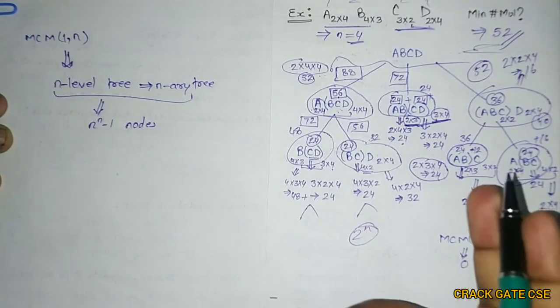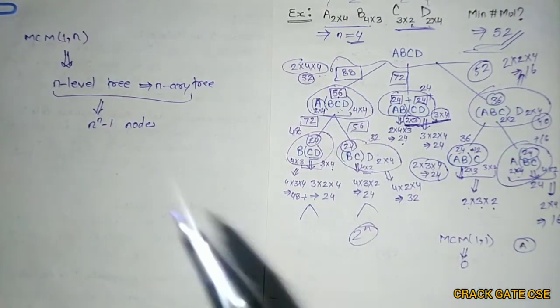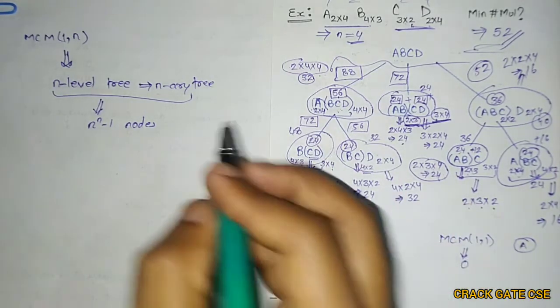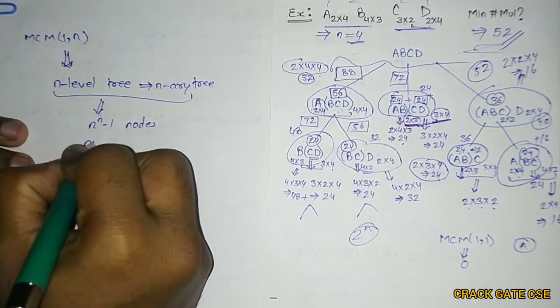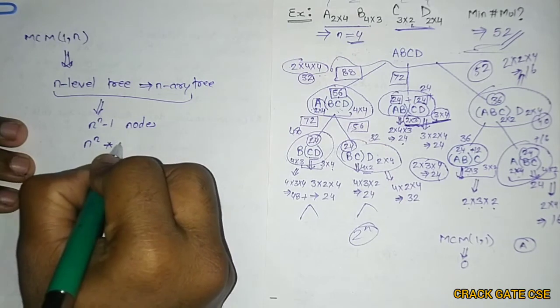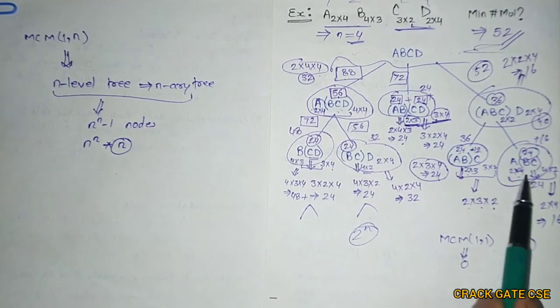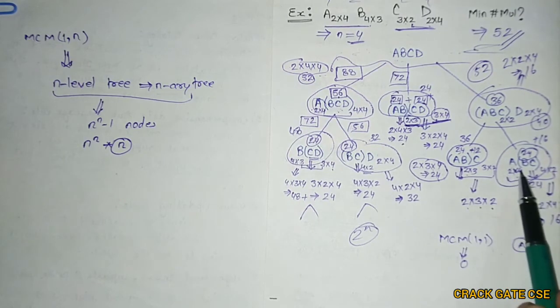Each node is related to a function call. Each node can be treated as a function call, so this is n to the power n, and each function call will take n time to solve, because here we are talking about multiplication. If I need to perform the multiplication 3 times for 3 matrices, that means we are taking n time.